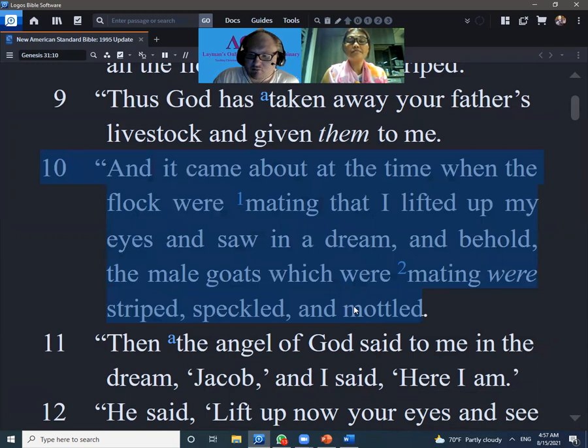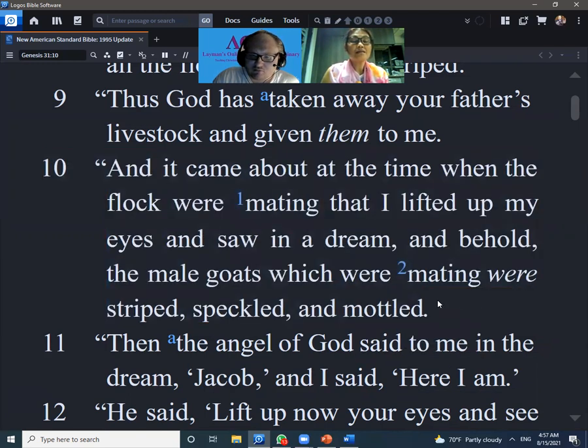Keep going. And it came about at that time when the flock were mating, that I lifted up my eyes and saw in a dream, and behold, the male goats which were mating were striped, speckled, and mottled. So this is a flashback. He's telling his wives about information that is not included in Genesis 30.